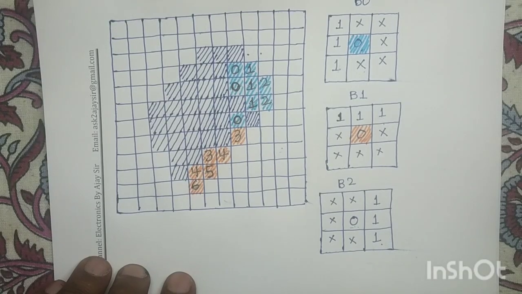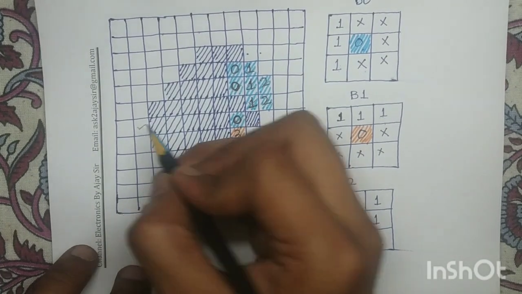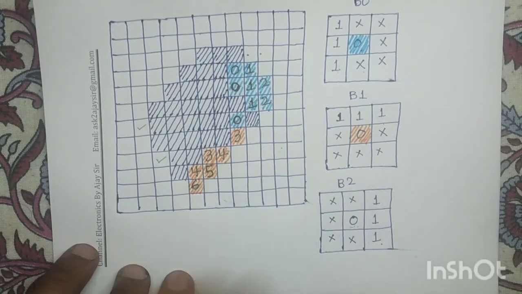So if you try to find the hit points belonging to the structuring element B2 where the center pixel is logic 0 and these 3 pixels are logic 1, on this intermediate result you will find 2 hit points, this hit point and this hit point.